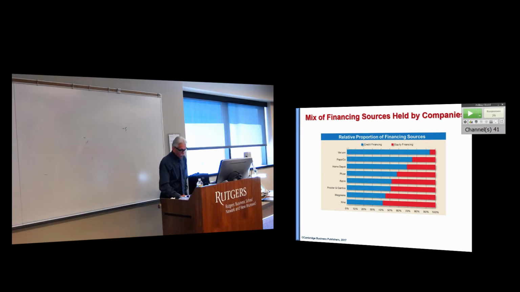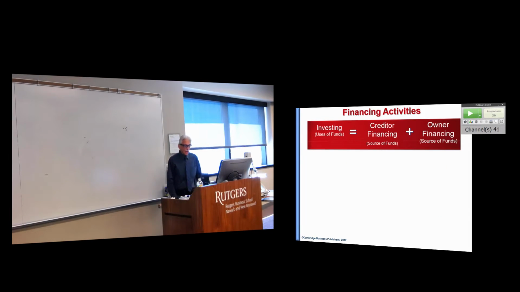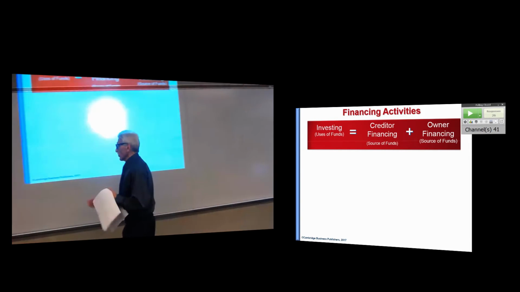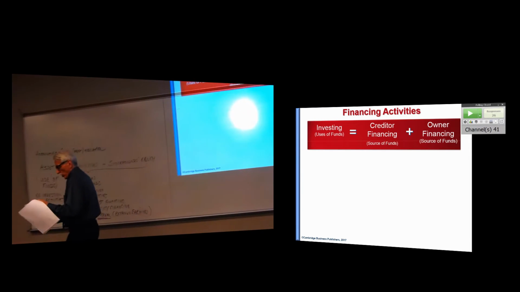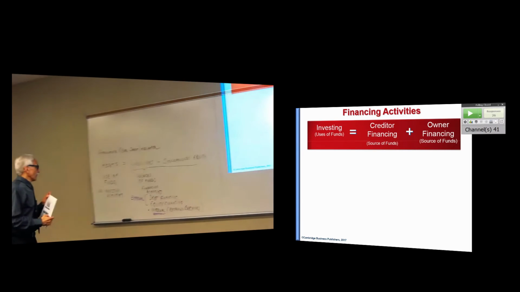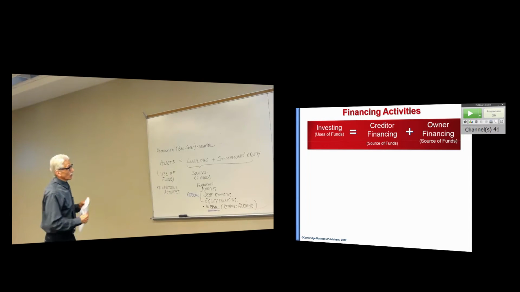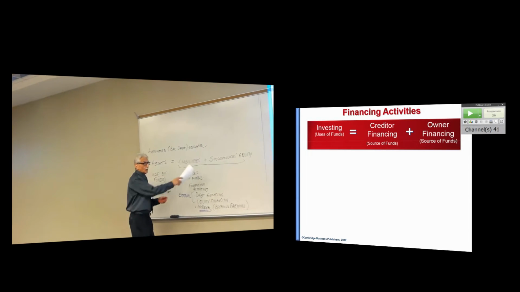So when we now look at the accounting equation, that's the way we want to think about it. We want to say that assets are a result of investing activities, and they are the use of funds. The sources of funds, as I said, would be your creditor financing, those are your liabilities, and your owner financing, which would be your stockholders' equity.